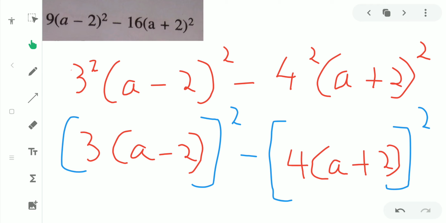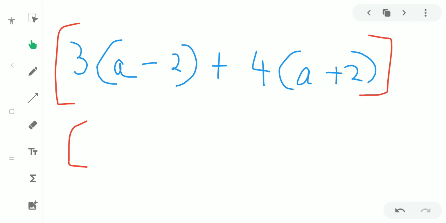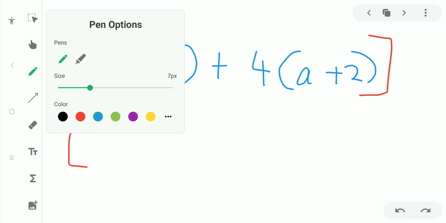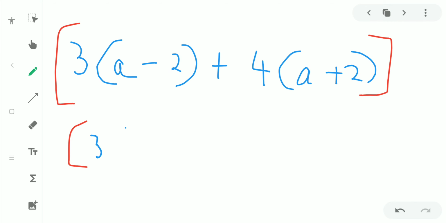So this is a and this is b, a minus b. Let's write 3 times (a minus 2) minus 4 times (a plus 2).